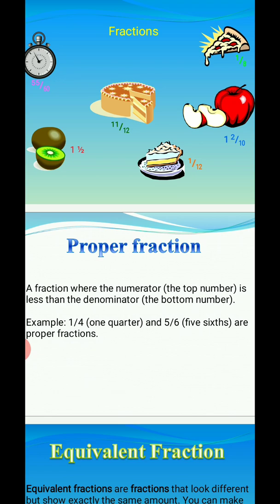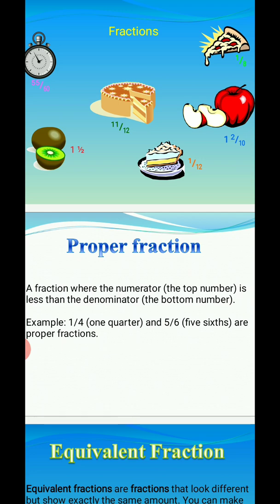Where it's just the opposite, where the numerator is greater than the denominator, this is called an improper fraction. Proper fraction means the numerator is less than the denominator, and improper fraction is where the numerator is greater than the denominator.